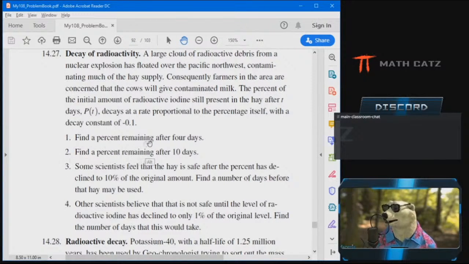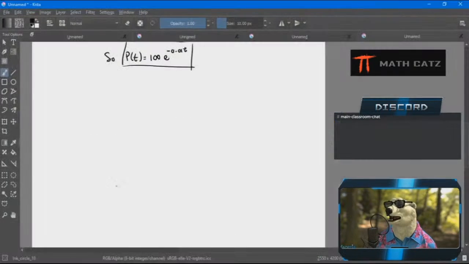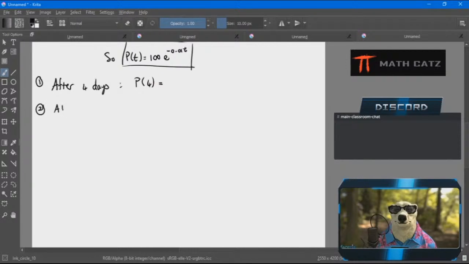Find the percent remaining after 4 days and 10 days. So I just want to see, let's say 1 after 4 days, we have P of 4. I plug it in, I get a number. The 10-day one is exactly the same, except I plug in 10.